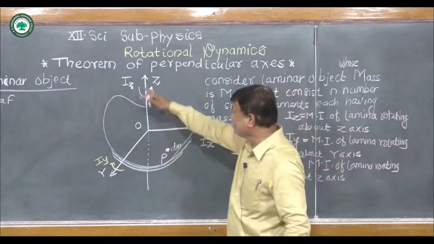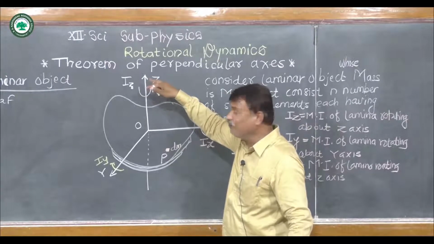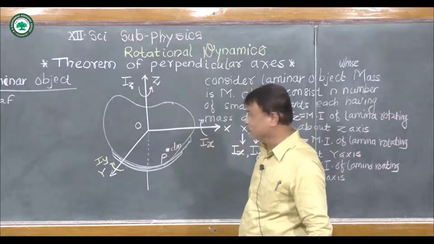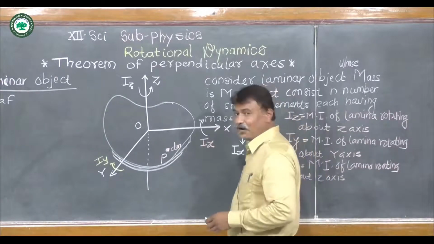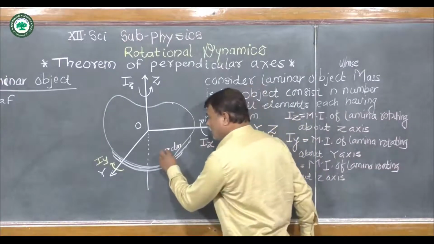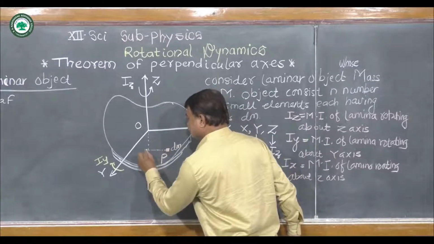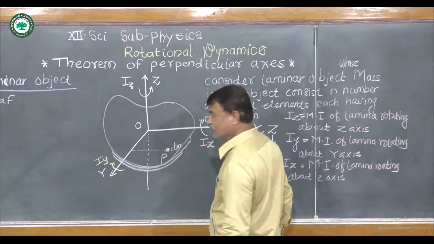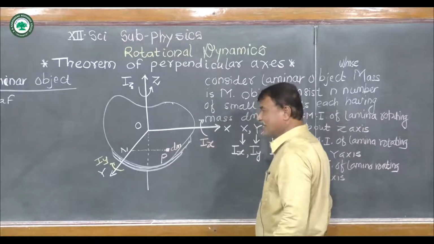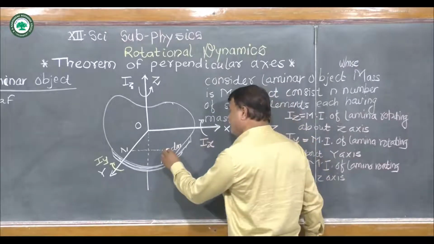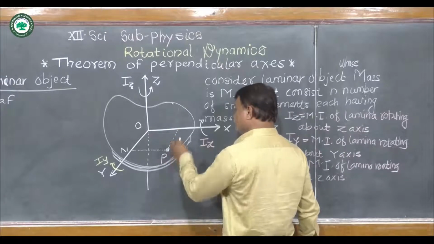Now for finding Iz, the moment of inertia of the lamina rotating about the z-axis, we have to draw some geometry. Now we draw a perpendicular from P on the y-axis like this one. This is point say N. Also like this one, we draw the perpendicular on the x-axis. So this is point M.